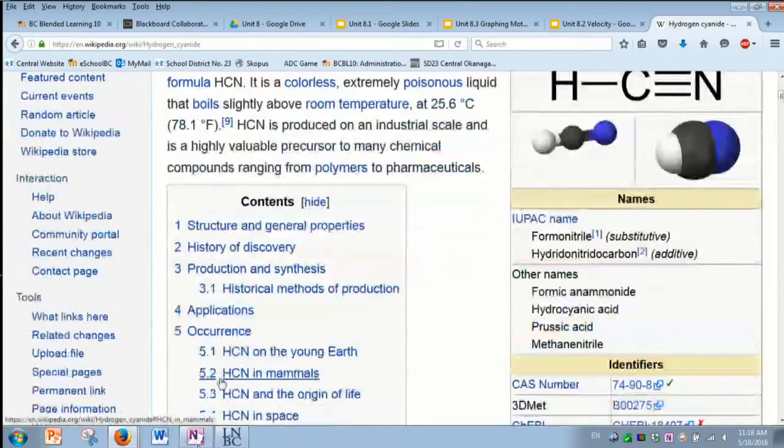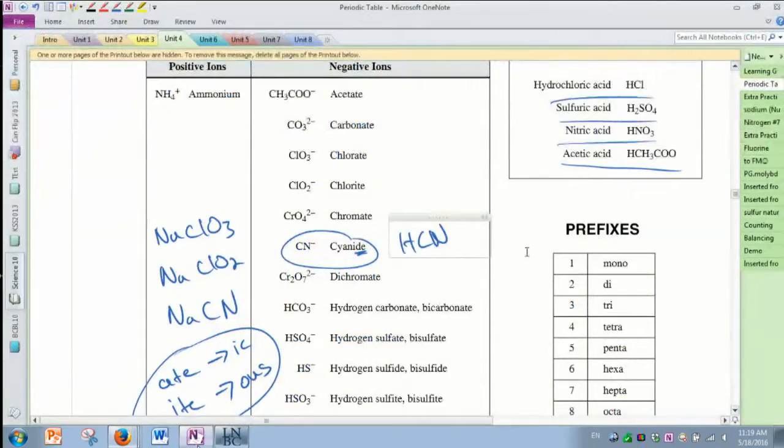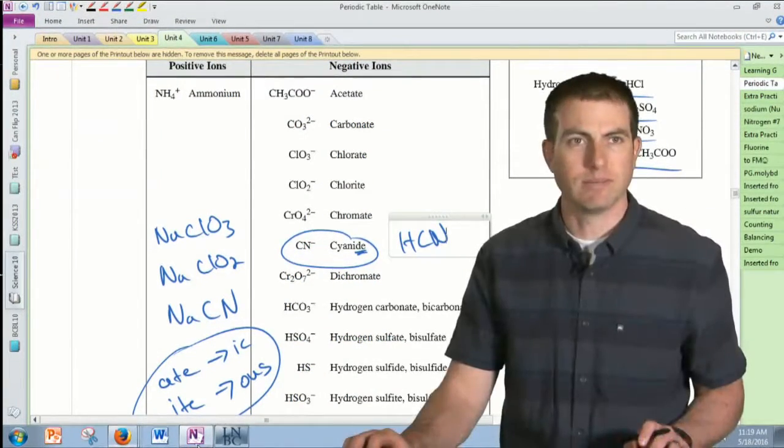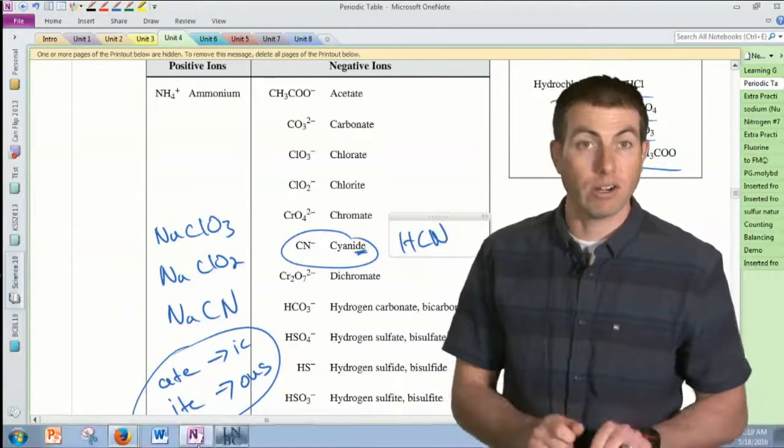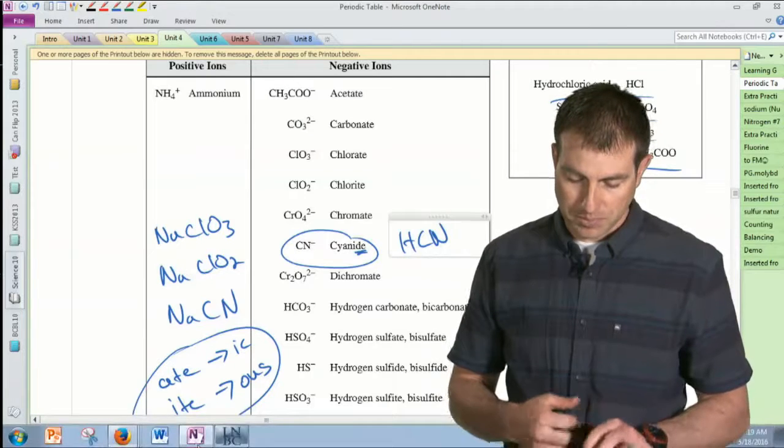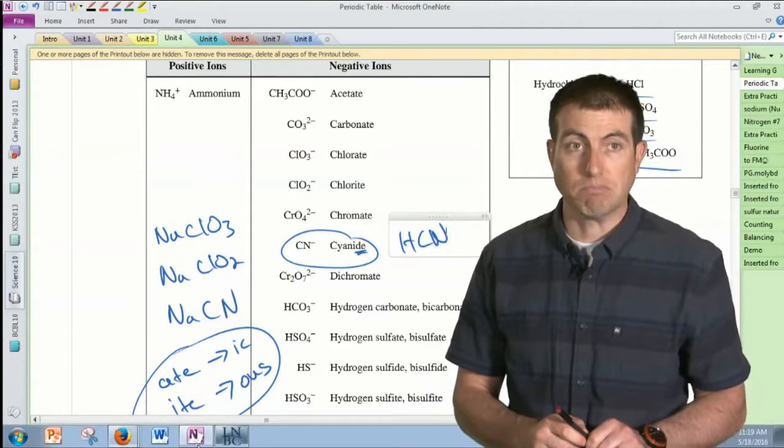Hydrocyanic acid. So it gets the hydro, and this is a common name. It looks like it gets named just like HCl or HF would. Weird questions, but good questions. So those would be the only two scenarios: you'd have water, or you'd have hydrocyanic acid.